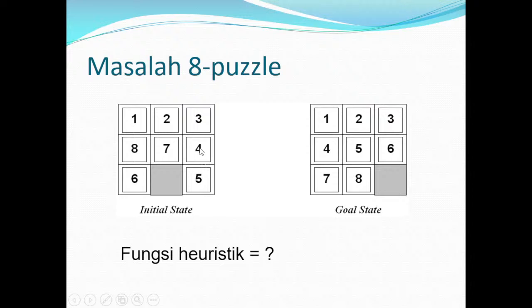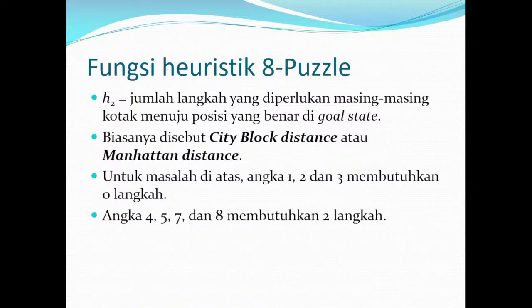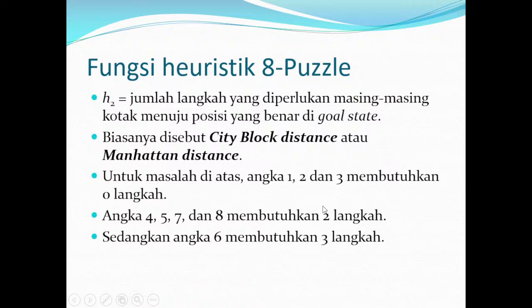So we have 0 plus 0 plus 0 plus 2 plus 2, and for the other ones we calculate using the same idea. So for 1, 2, and 3, we need no steps, for 4, 5, 7, and 8, we need around 2 steps, and for the sixth one, we need around 3 steps.